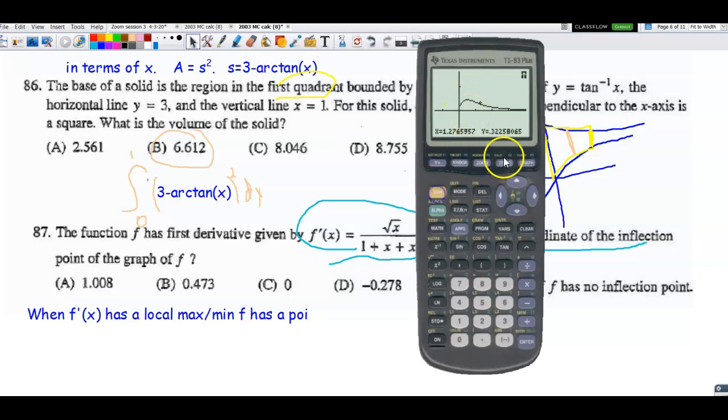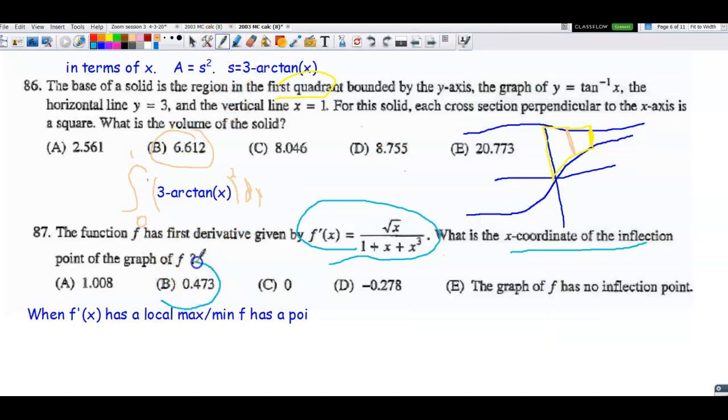So I'm going to do second calc, number 4. Enter. Left on the left side, and then on the right side, enter, enter. And I get 0.473, which is letter B. So this was a good opportunity to practice your zoom box skill. Make sure you know how to do that.